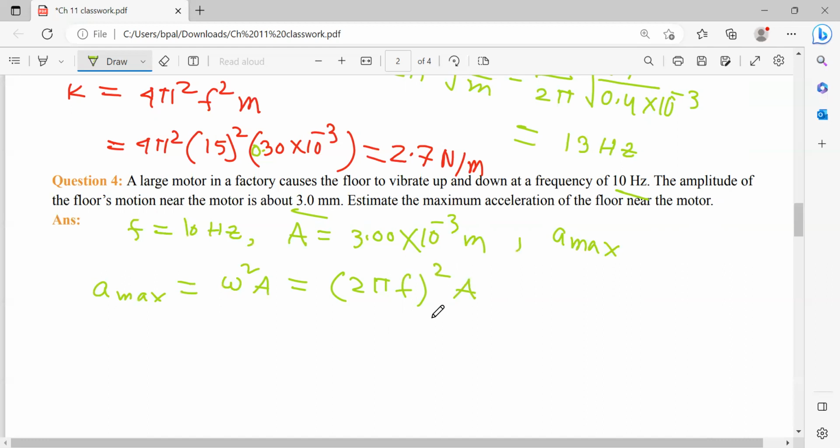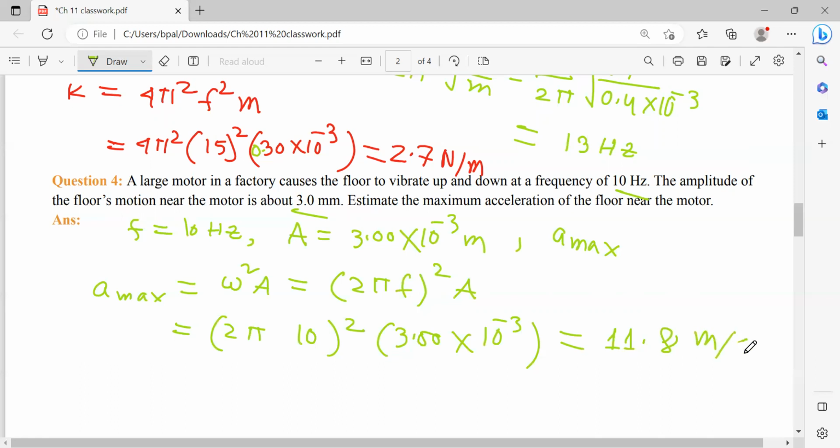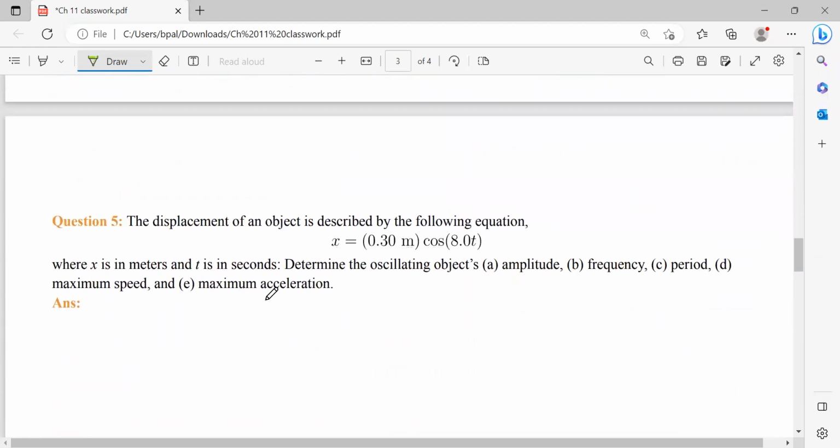So we just replace omega by 2 pi f, and we know f, that is 10, and we know A. So when you plug all these values in your calculator, it should give you the maximum acceleration, and that is equal to 11.8 meter per second square. All right. Next one.